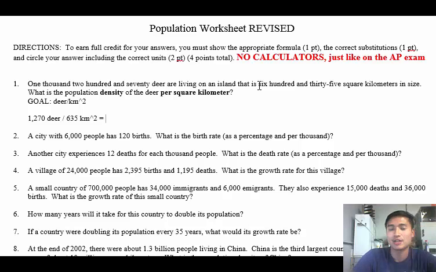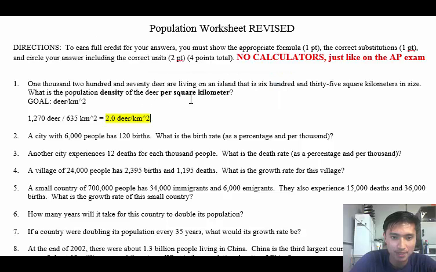All right, so by now you should have figured out that the answer is simply 2, right? If you divide the number of deer by the number of square kilometers, you're going to get 2 deer per square kilometer. And at this point, what you would do is box your answer.